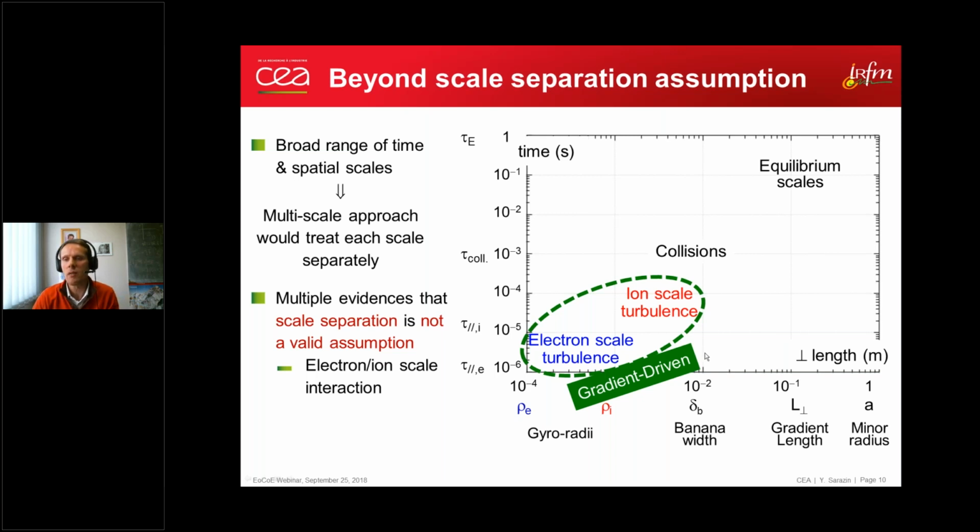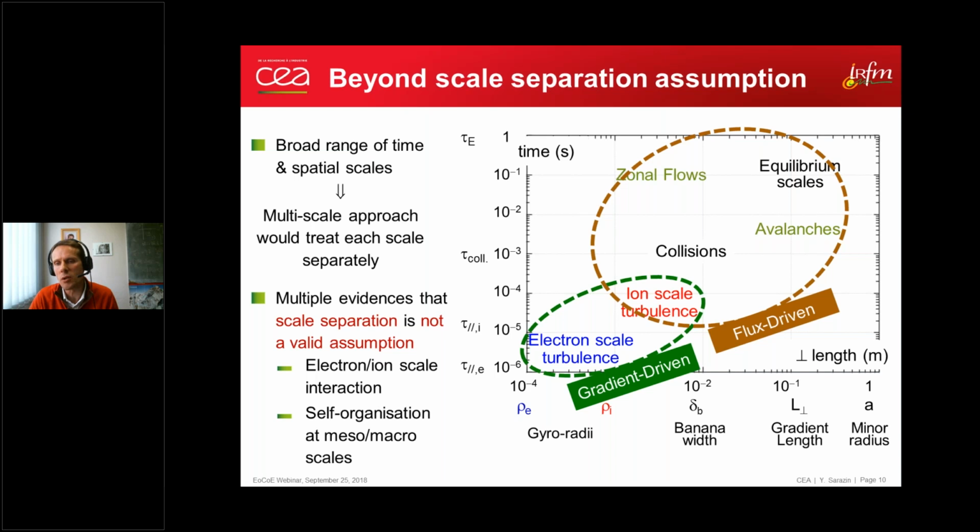The alternative approach, which deals with the interaction of the ion scale turbulence with the equilibrium scales, has to account for the flux-driven approach, in the sense that in this case you have to relax the fixed assumption of the gradient-driven approach, and let the equilibrium evolve freely by taking into account the back reaction of the turbulence on the equilibrium scales.